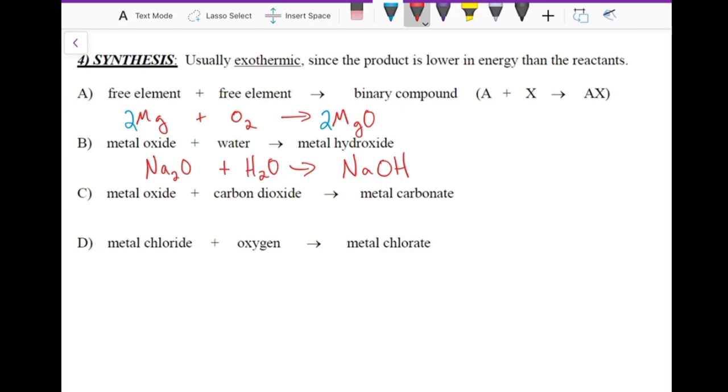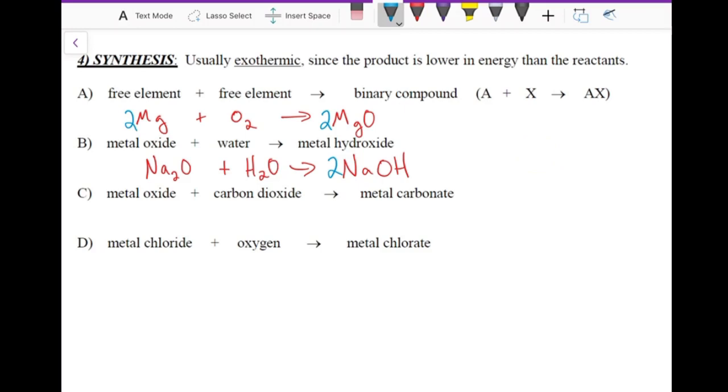Balancing wise, it looks like I have 2 sodiums on the left, as well as 2 oxygens, but by putting a 2 in front of sodium hydroxide, that balances everything, because now I have 2 sodiums, 2 oxygens, and 2 hydrogens on the right. Okay, so that's the second type of synthesis reaction.